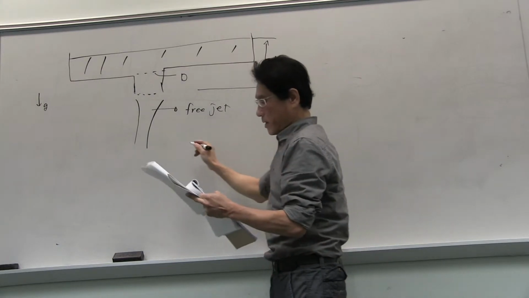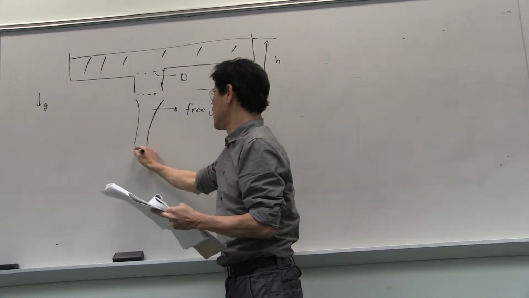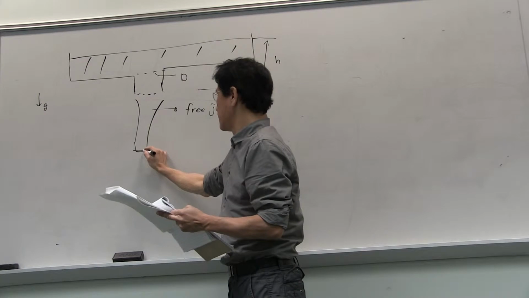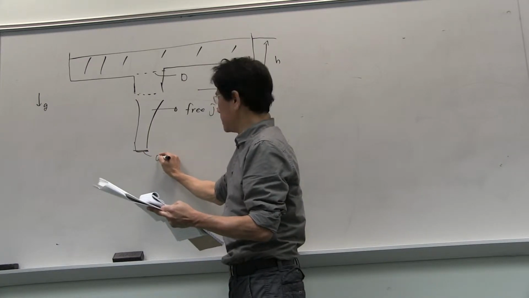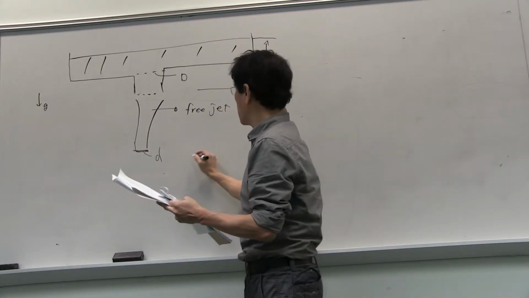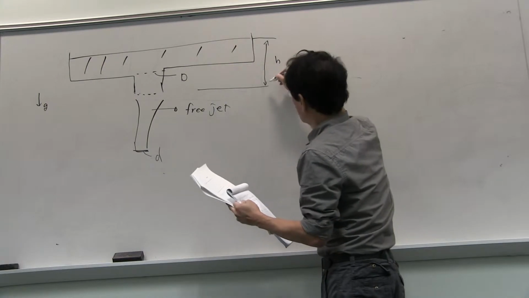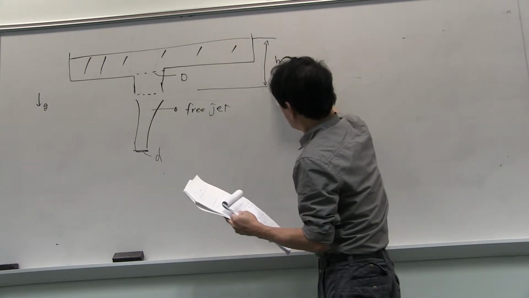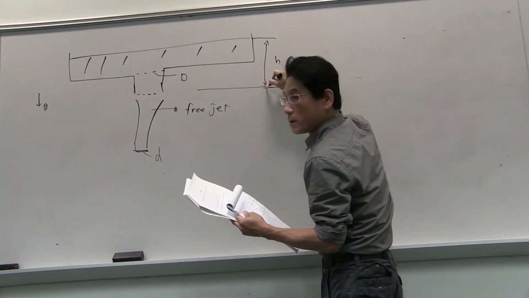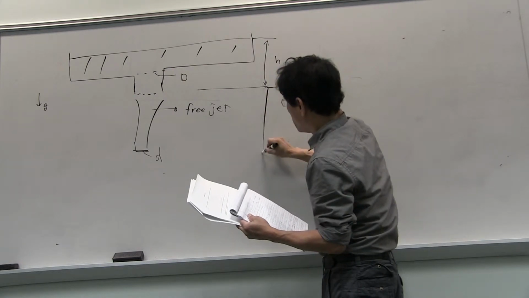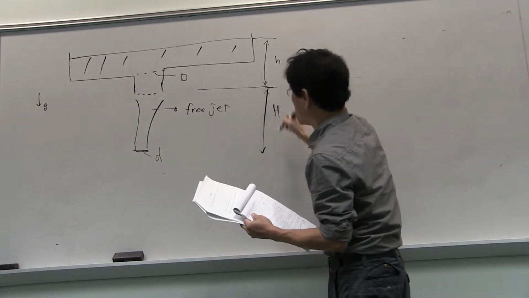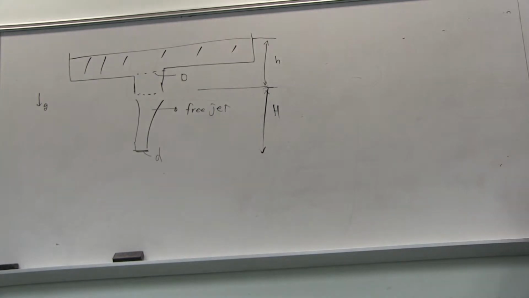Somewhere in the free jet, the diameter is small d, and the height from the opening to that point is capital H.